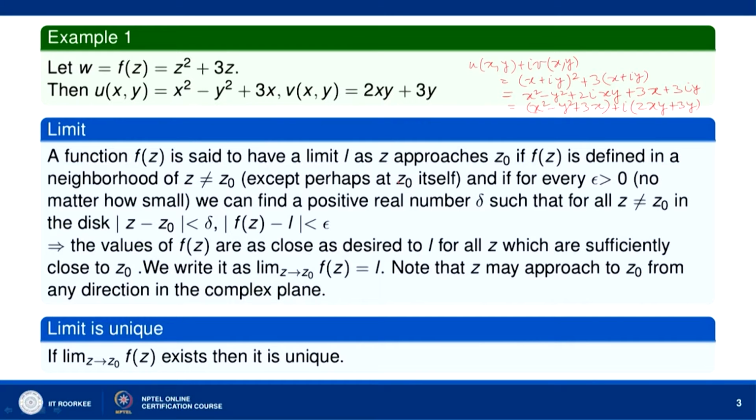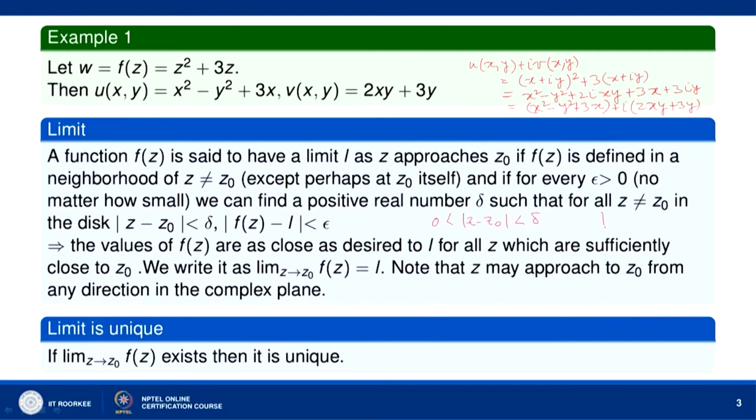I mean, the function need not be defined at the point z naught, and then if for every epsilon greater than 0, no matter how small, one can find a positive real number delta depending on epsilon, such that for all z not equal to z naught in the disk, mod of z minus z naught less than delta, mod of f(z) minus L is less than epsilon. This means that mod of f(z) minus L must be less than epsilon in the deleted neighborhood, 0 less than mod of z minus z naught less than delta.